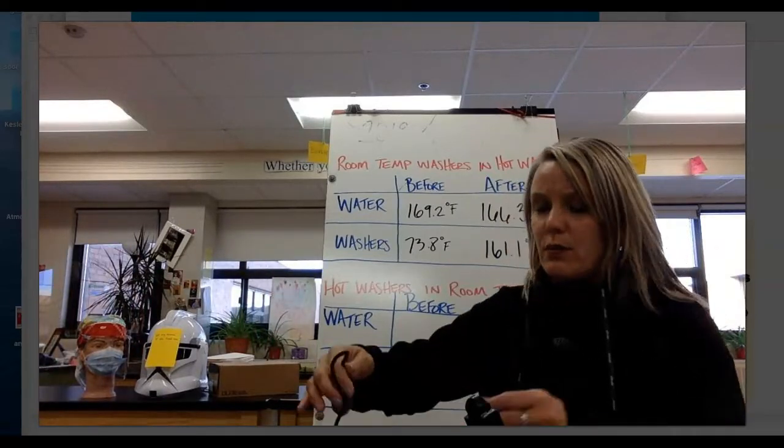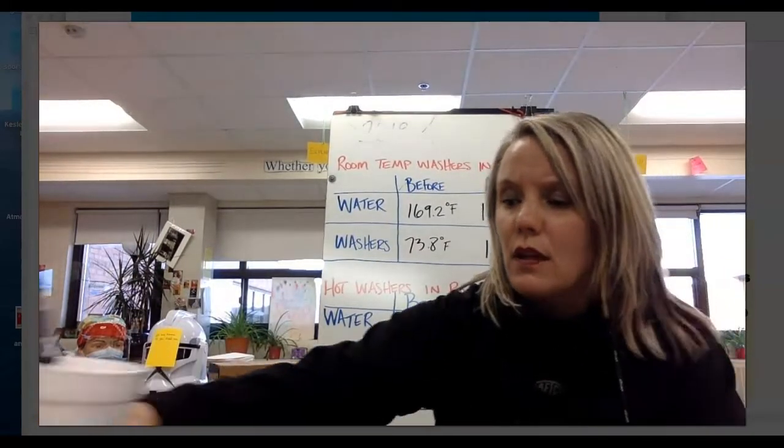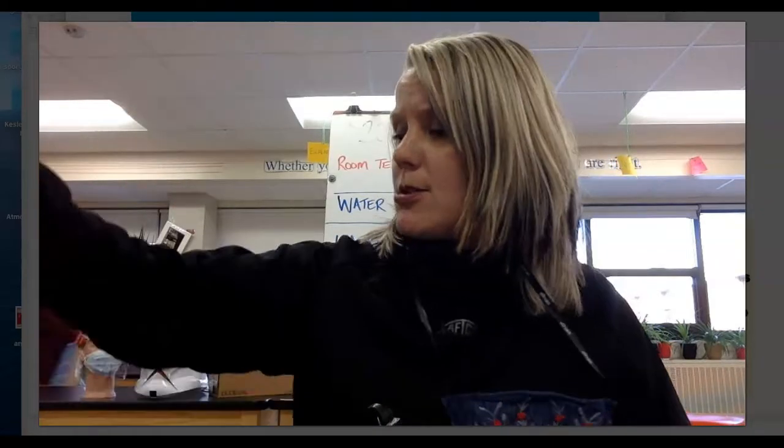Okay, so I'm going to put these aside and get a little cloth to wipe up my mess. And now I have room temperature water. I'm going to put that into a cup. Don't have to worry about burning myself this time. Put room temperature water in here. And we'll take an initial temperature of that to see what the room temperature water measures at.